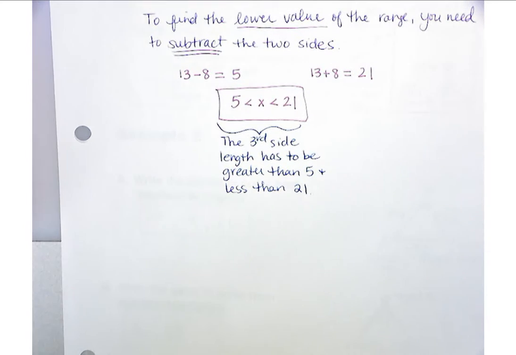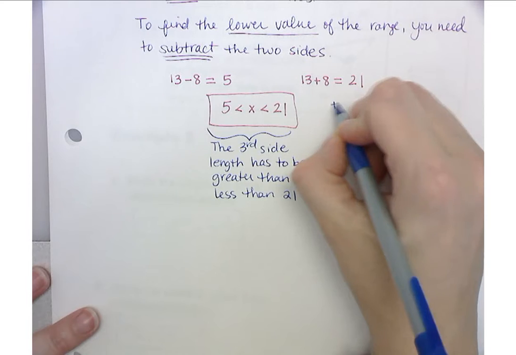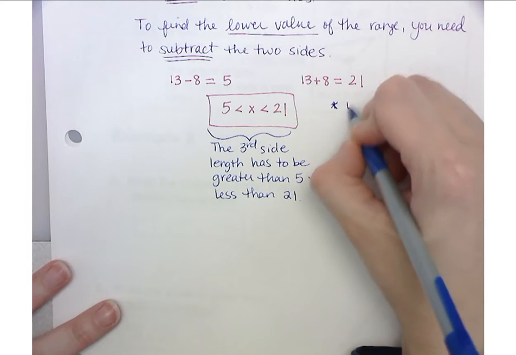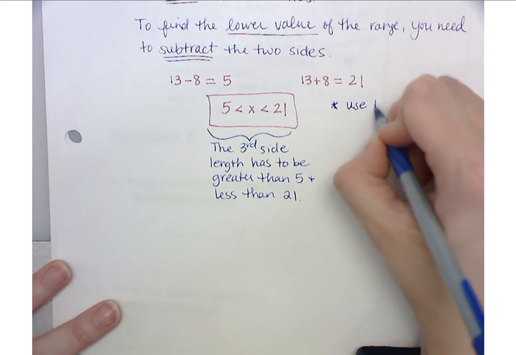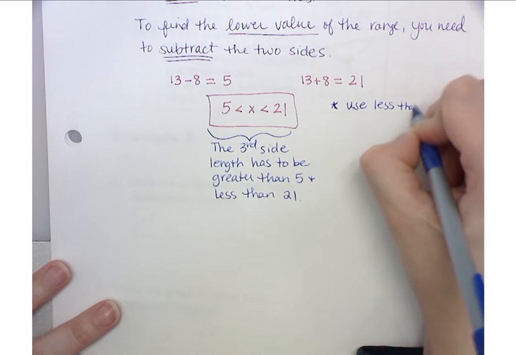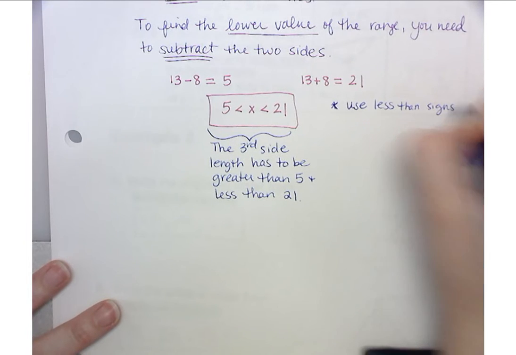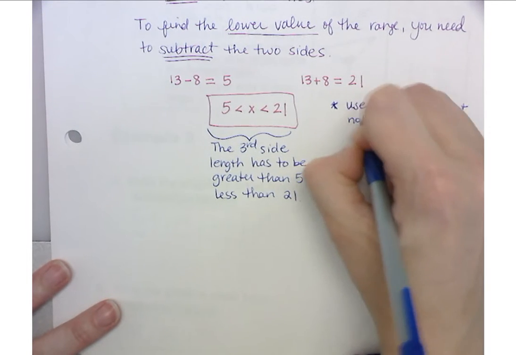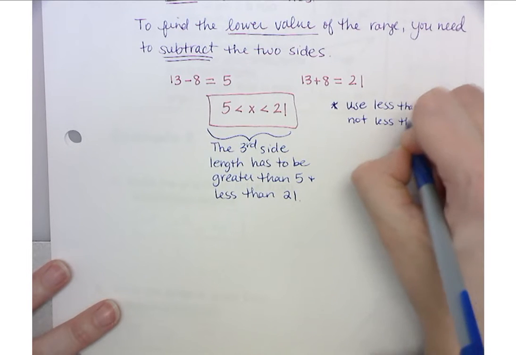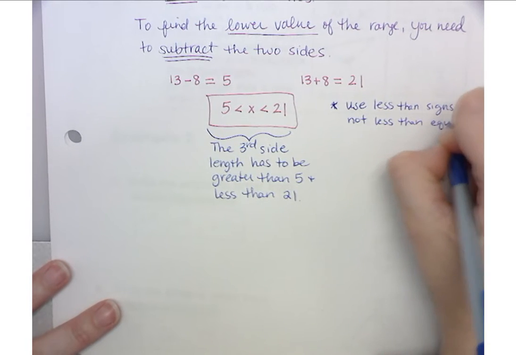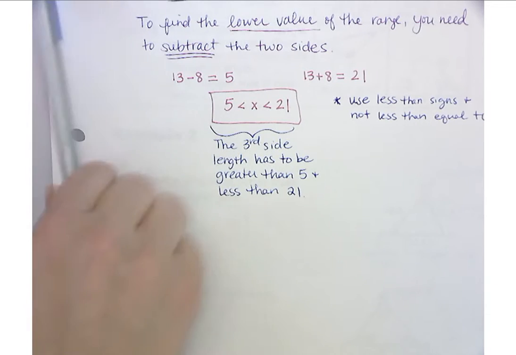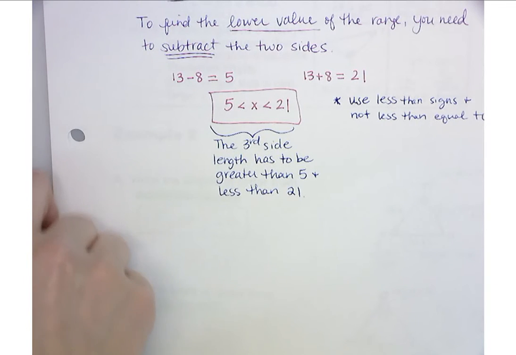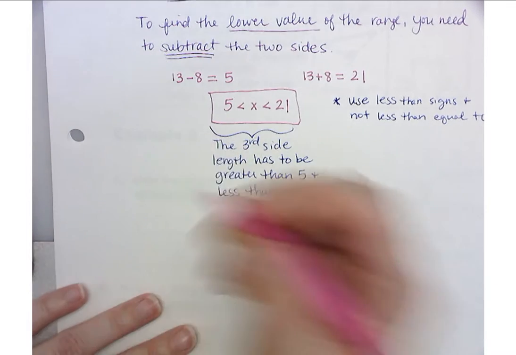So, like I said, I'm going to give you a general rule to write. So make sure you use less than signs and not less than or equal to. Here's going to be the general setup, so you can really always use this as your setup.